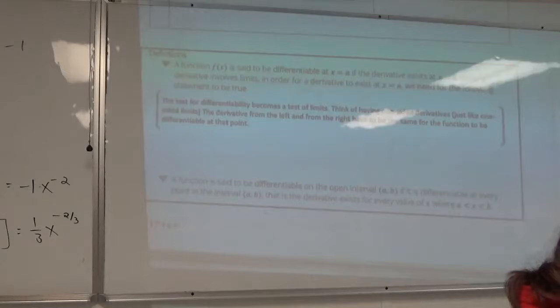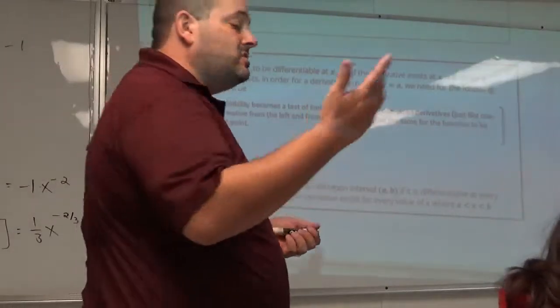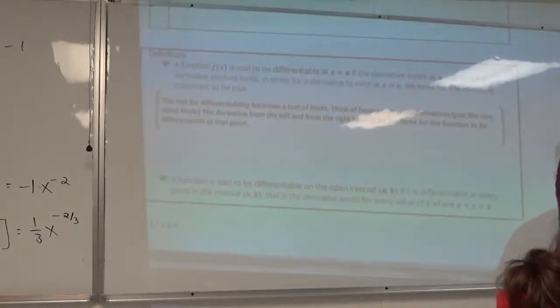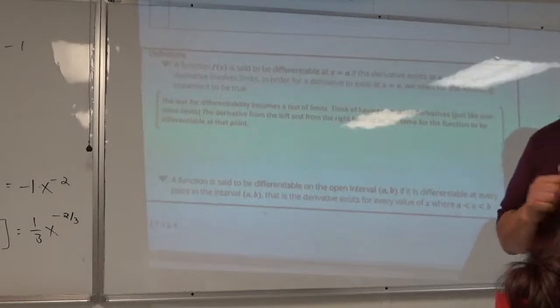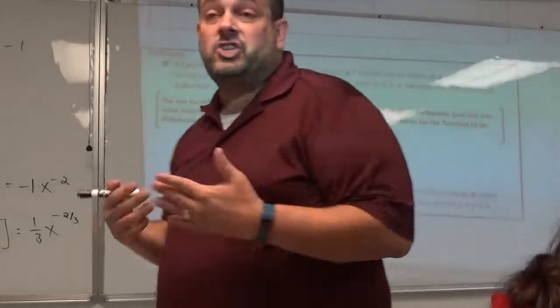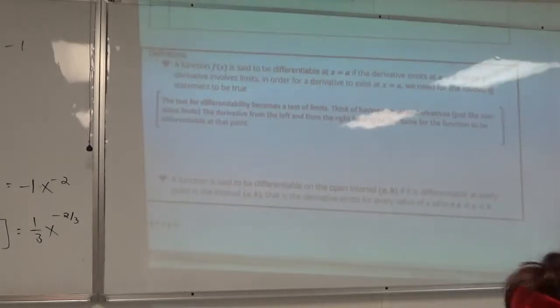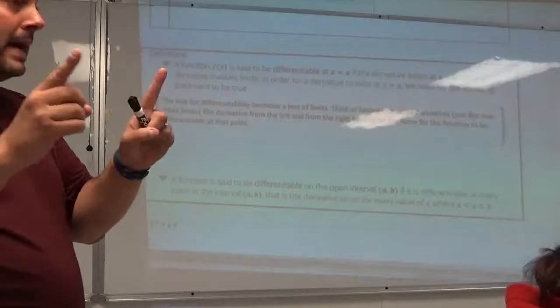It describes the function. If I tell you that a function is differentiable, all it means is the derivative exists. I can find the derivative. Just like if I use the word continuous, I say the function is continuous. It says something specific about the graph.